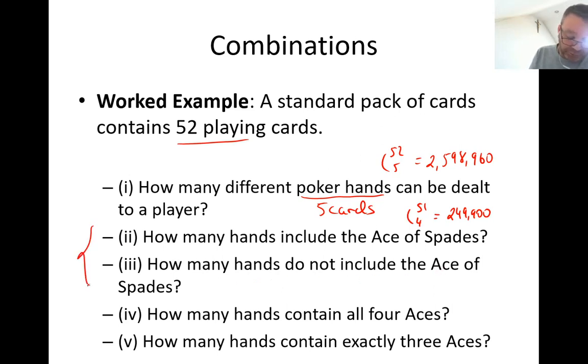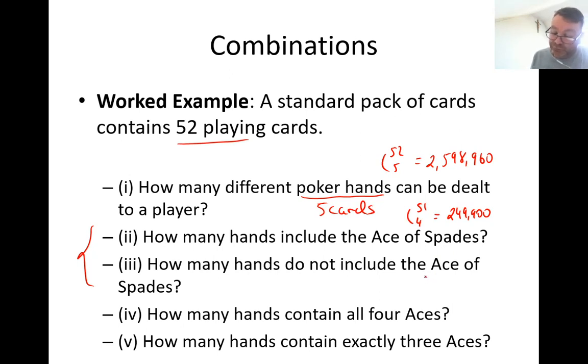Number 3, how many hands do not include the ace of spades? Now, we had this before when we were dealing with permutations. You notice anything? How many hands include the ace of spades? How many hands do not include the ace of spades? These are opposites. If I was to add these two together, I would get the total number of poker hands available. So therefore, if there's 249,900 that include the ace of spades, surely the difference between these two must be the hands that don't have the ace of spades.